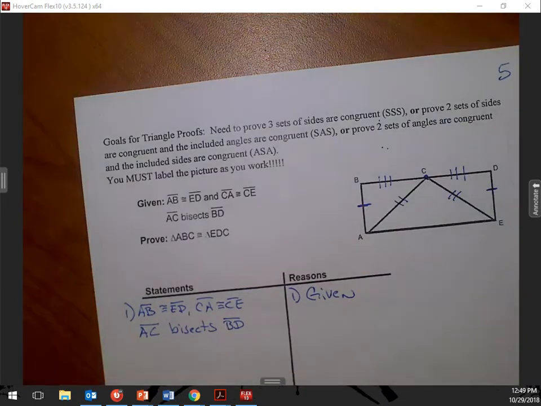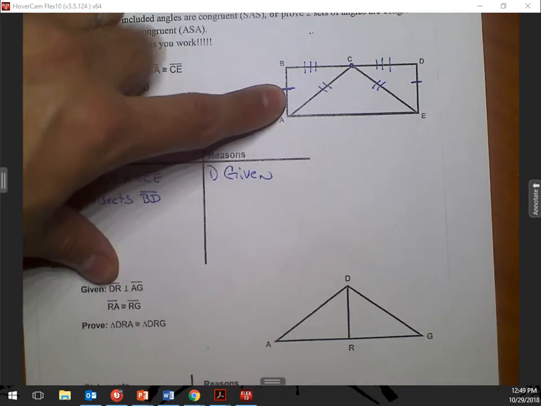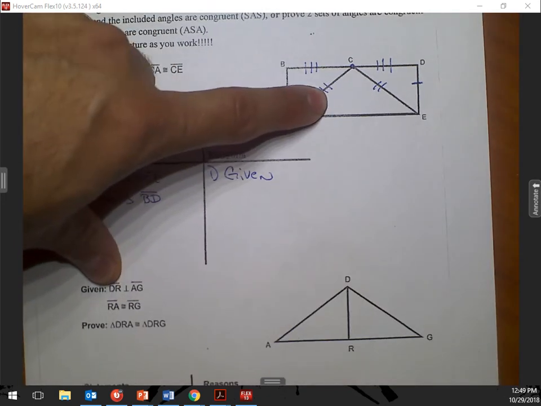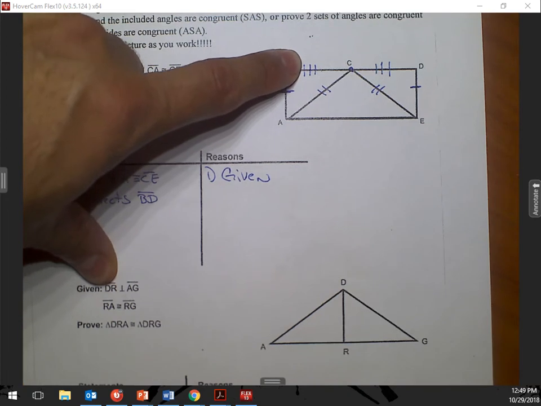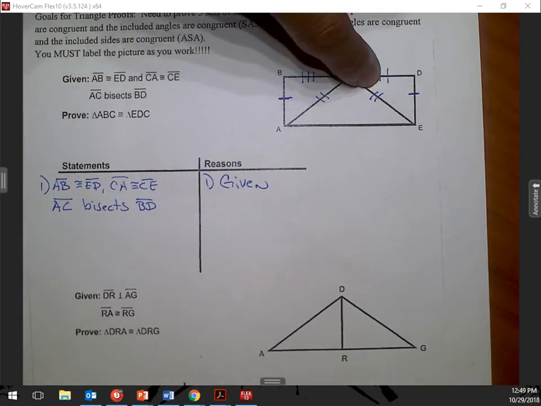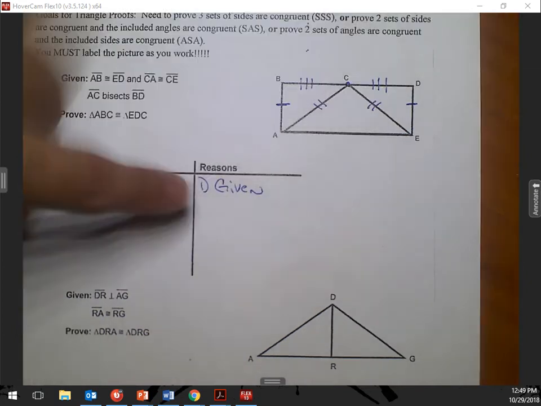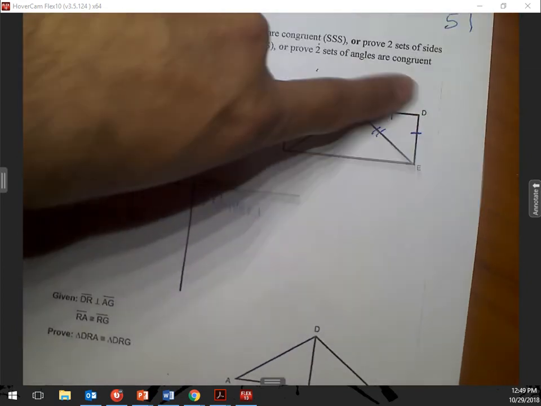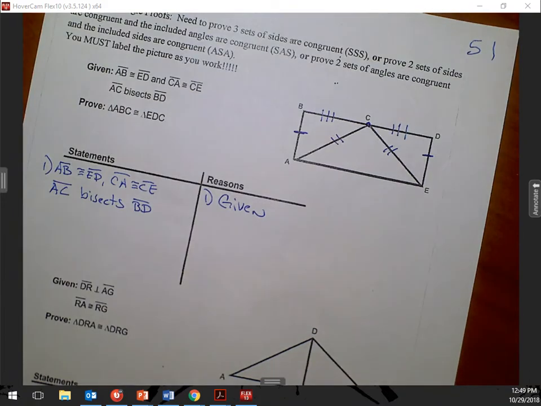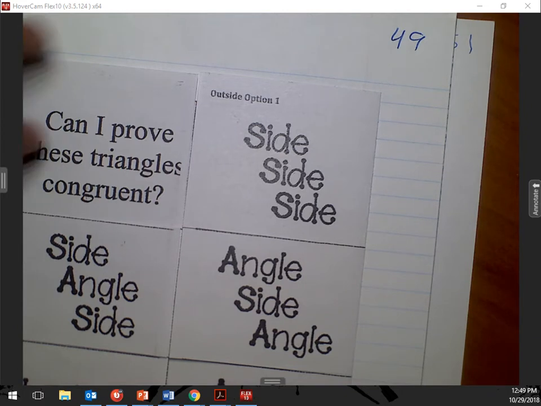But let's look. I have a side. I have a side, and I have a side, right? And on this other one, let's look. Side, side, side. So these three sides correspond to these three sides over here, right? Okay, so those two triangles can be congruent by how? Side, side, side. Very good. Look, right there.